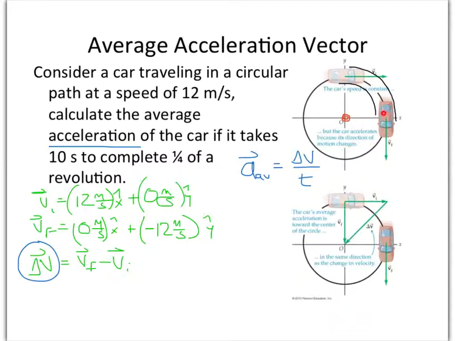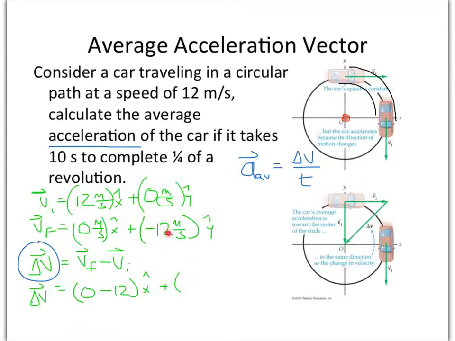All right, so delta v is going to be v final minus initial. So let's just, in fact, I'm going to move this up a little bit because I'm going to run out of room otherwise. Final minus initial. So it's going to be the final x minus initial x, right? So 0 minus 12 x hat. I left the units off just for space, right? But it's final minus initial. And final minus initial y hat.